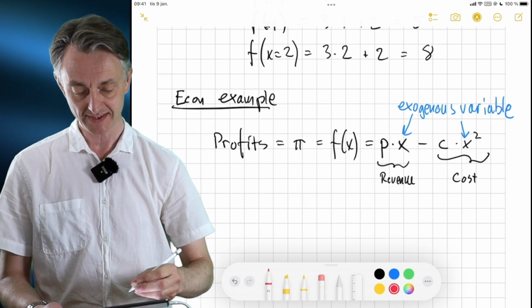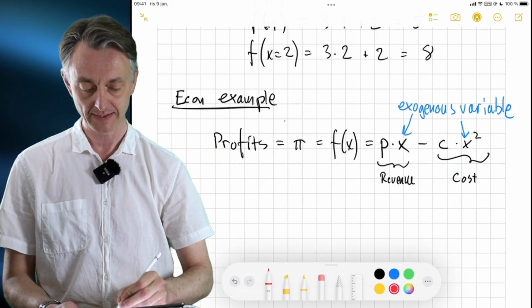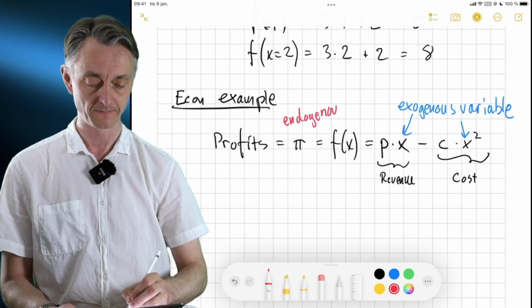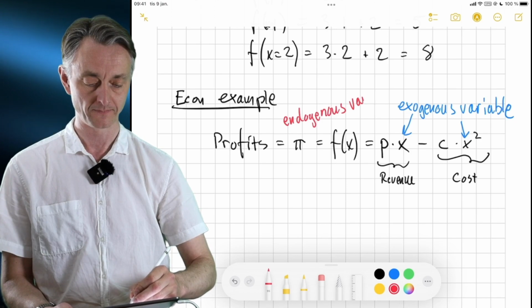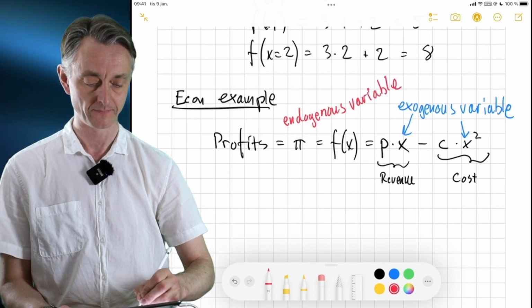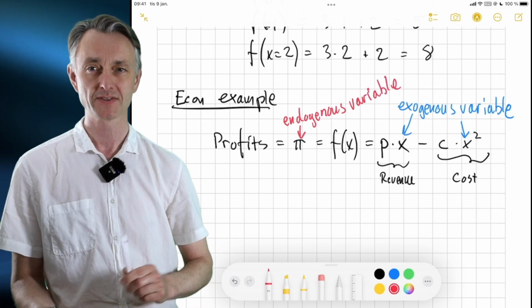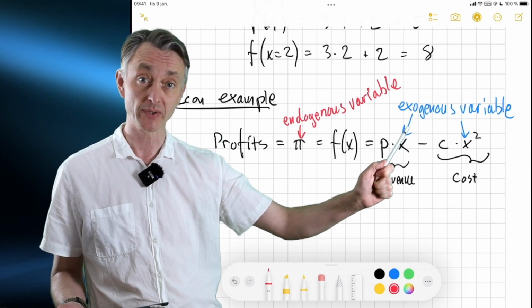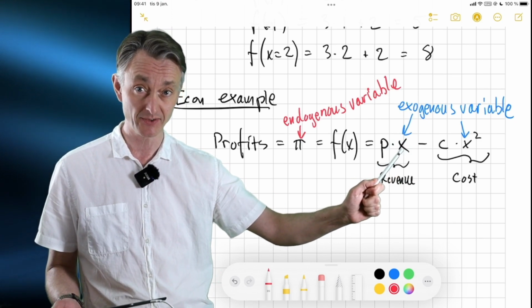So we call this the endogenous variable. So that is very important for you to know. What is an exogenous variable? Well, it is something that is decided outside of the model.